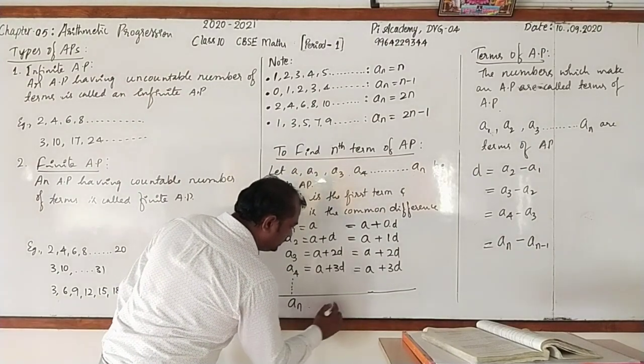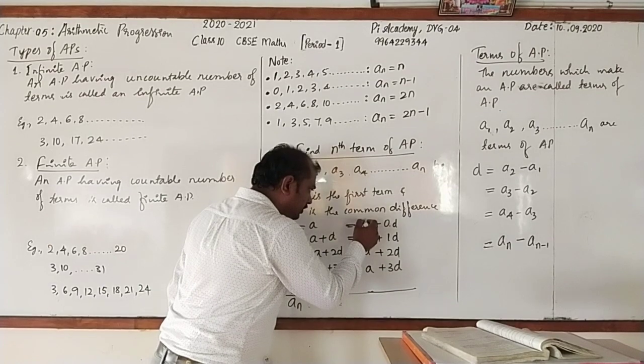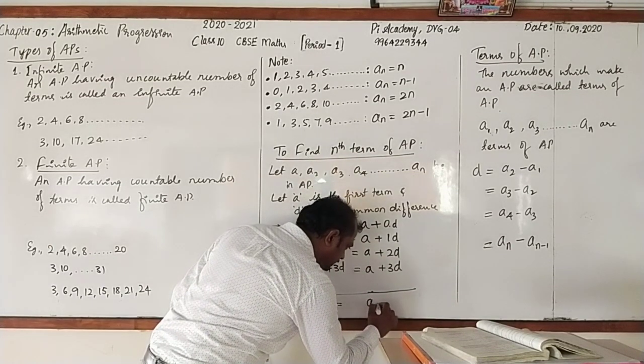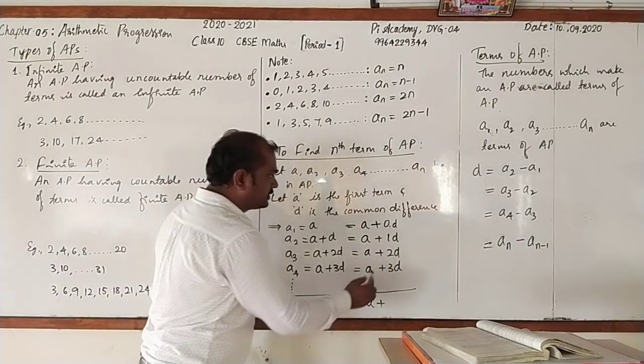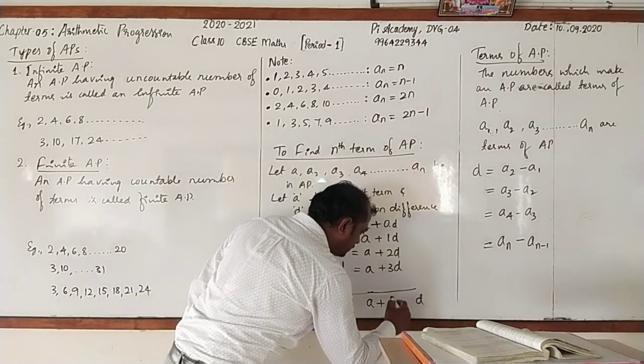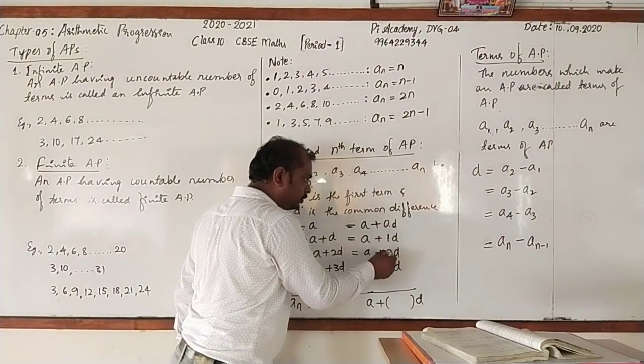Now, an is equal to, look here, a is common, plus, whereas d is common, and these numbers start with 0: 0, 1, 2, 3.